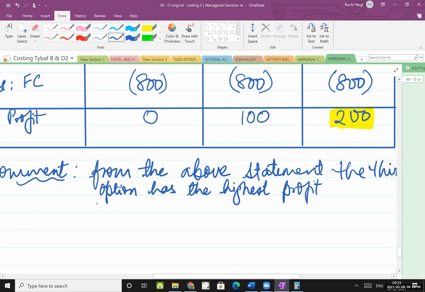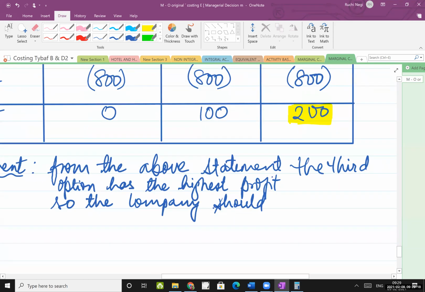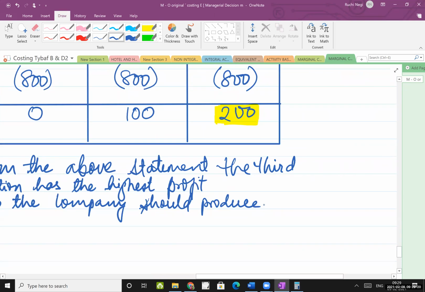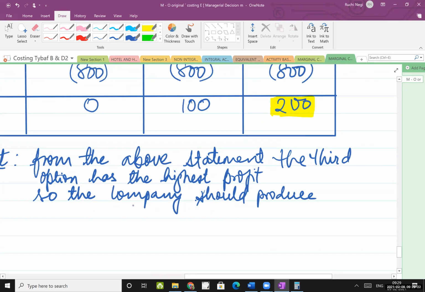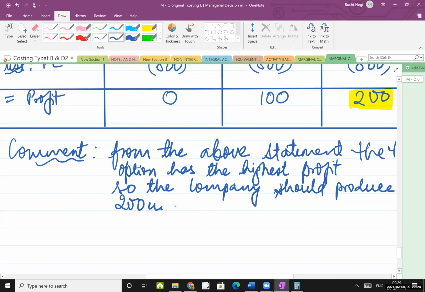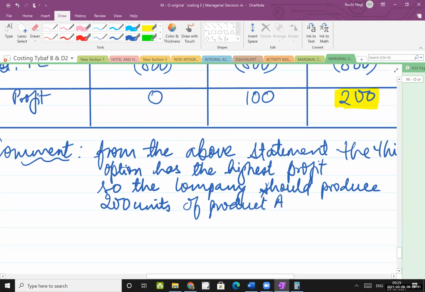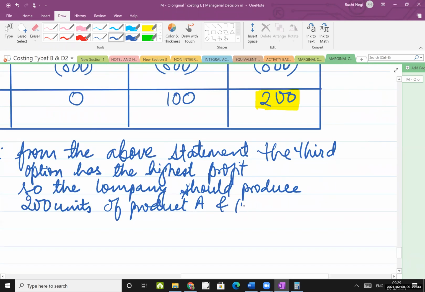So the company should produce 200 units of A and 100 units of B.